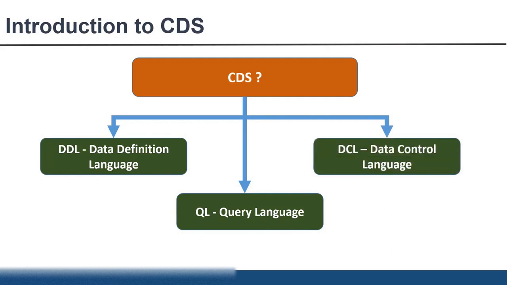The DCL, or the data control language, is used to define the authorizations for CDS entities in a declarative way. The ABAP CDS authorization concept is a new concept and can be used independently or in combination with the classic concept.